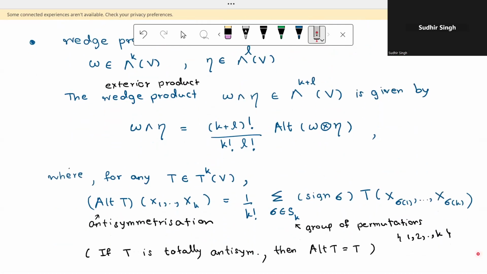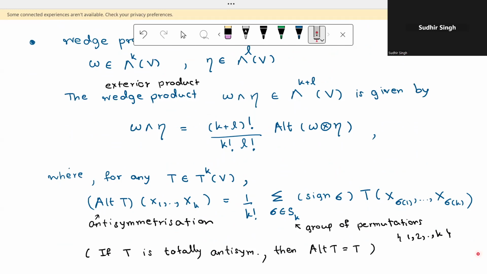This symbol ALT just means antisymmetrization of a tensor. So antisymmetrization of the tensor product of omega and eta: for any K tensor, we define antisymmetrization by that when it acts on K vectors, it is given by this.